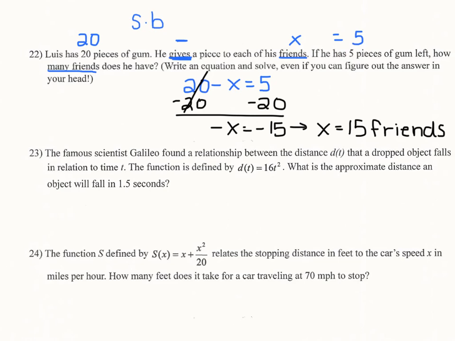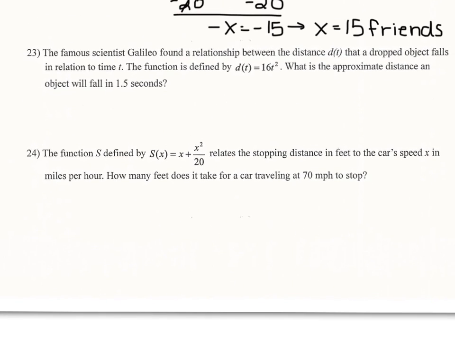Okay. All right, 23. The famous scientist Galileo found a relationship between distance, which we're representing with the function d of t, that a dropped object falls in relation to time t. This whole problem is just getting you used to those scary word problems that have a formula in them. Remember we talked about those, that sometimes they have a formula or an equation sitting inside of them, and then a bunch of blah, blah, blah that you don't even really need other than to figure out what the values represent.